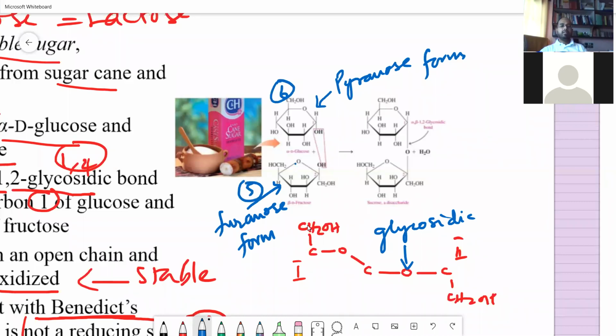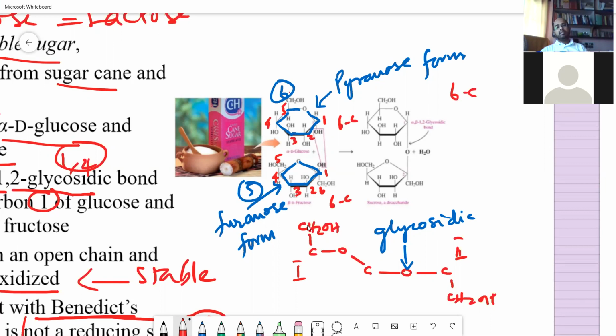You see, this has 5 and this has 6. How many carbon atoms are here? 1, 2, 3, 4, 5, 6 carbon atoms. Here 1, 2, 3, 4, 5 and 6. So this also has 6 carbons.